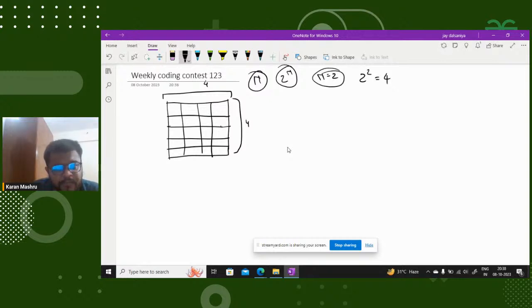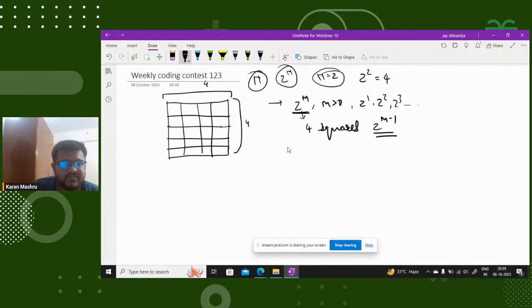Now in any operation, you can select a square of size 2^m, where m is greater than 0. So you can select a square of size 2^1, 2^2, or 2^3, and so on, whichever is possible, of side length 2^m, and divide this square into four squares of sides 2^(m-1) and replace this bigger square with these four squares of side length 2^(m-1).